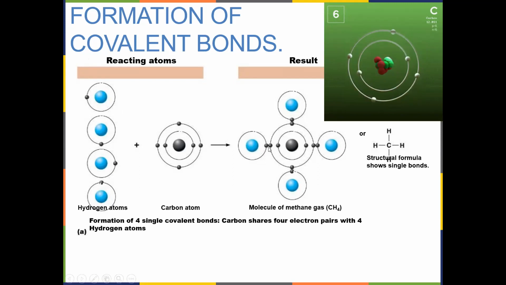The carbon atom will share its electrons in its valence shell with the electrons of the valence shells of the hydrogens. It will contribute an electron, and so will the hydrogen. And so now we have 2 electrons in this shell here, and 2 electrons here, and 2 here, and 2 here.